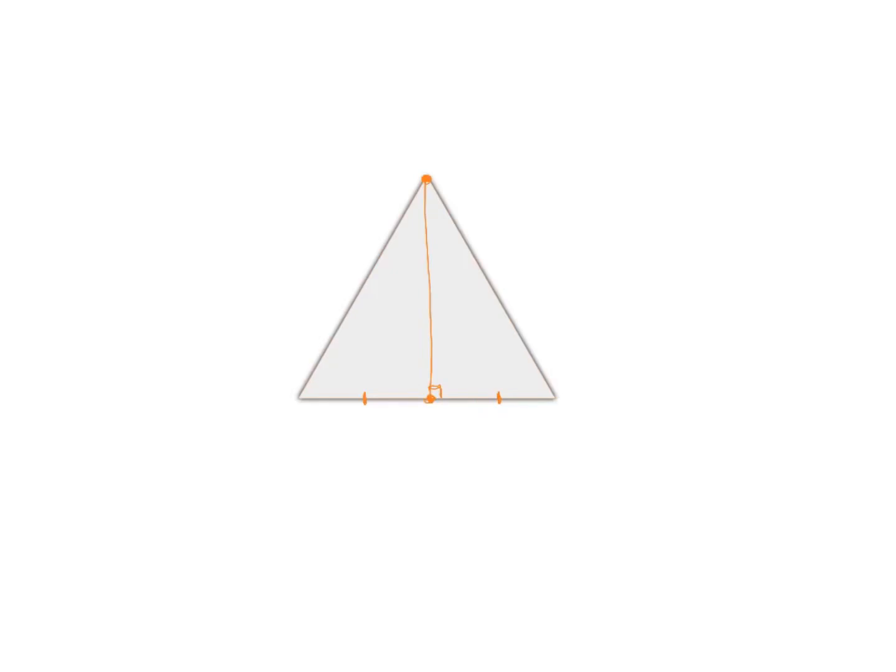And this line actually ends up being an altitude because it's vertex perpendicular. It's a perpendicular bisector because it's perpendicular and it has a midpoint. It's also a median because it's vertex to midpoint, right? Vertex to midpoint.